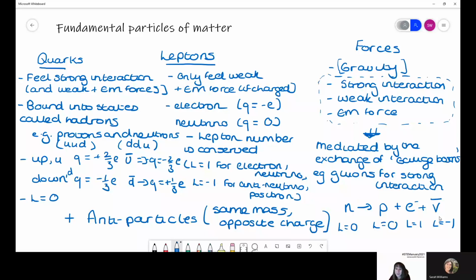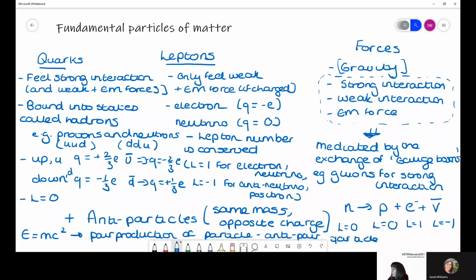I think I've just about run out of space for now, but one last thing I'll say about particles and antiparticles is that by Einstein's equation E equals mc squared, you can often get a pair production of a particle-antiparticle pair.